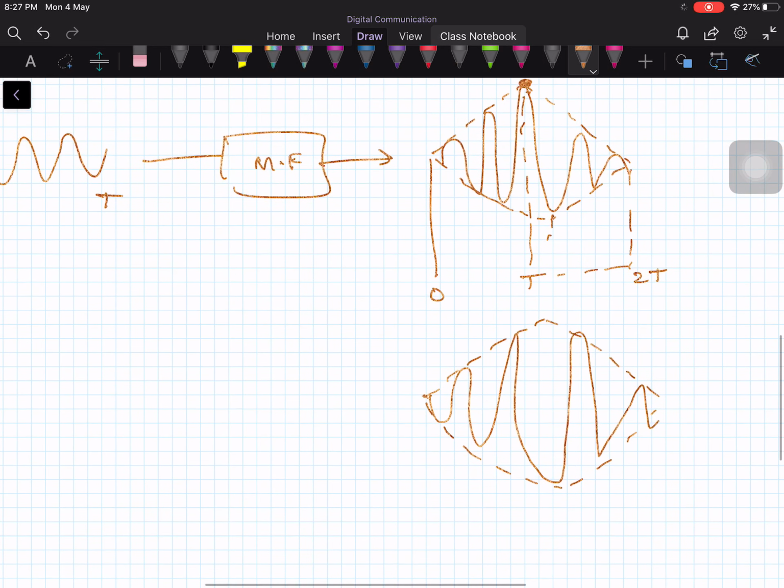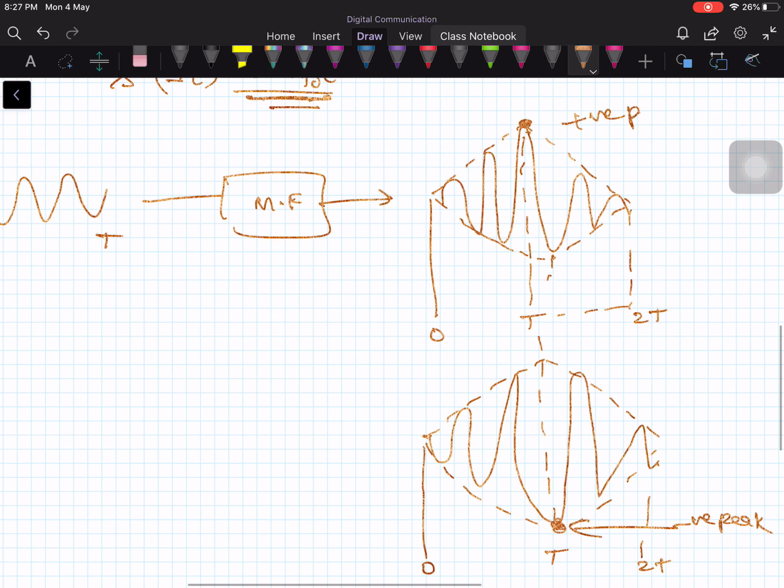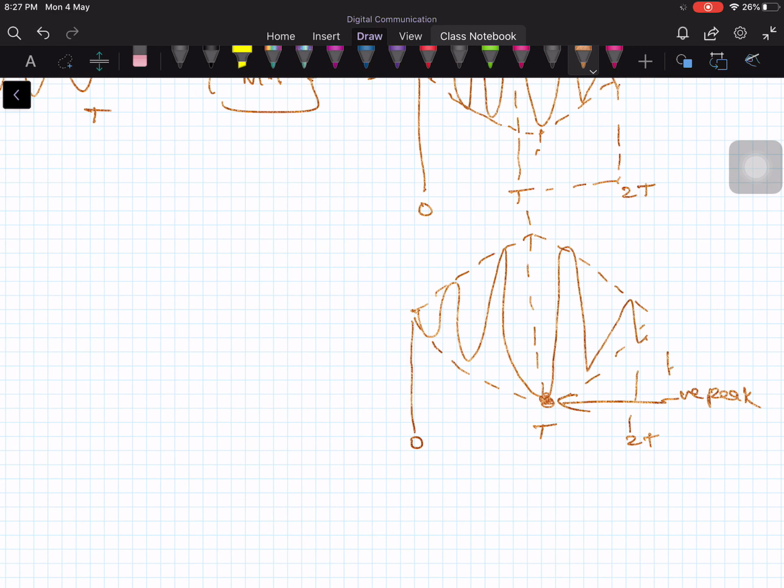If you sample exactly at this point, where this is 0, this is T, and this is 2T, you'll get a negative peak here, and in the other case you'll get a positive peak. A positive peak represents that you transmitted a bit 1 and a negative peak indicates you transmitted bit 0. Therefore the whole thing becomes upside down in the second case, and this peak occurs at this point.